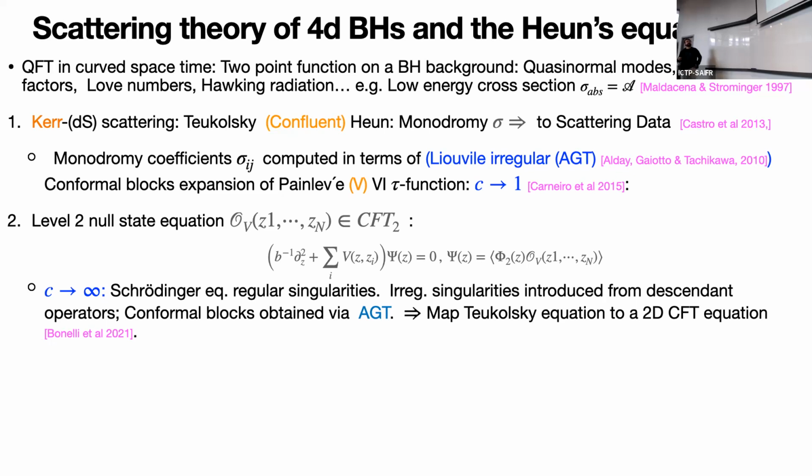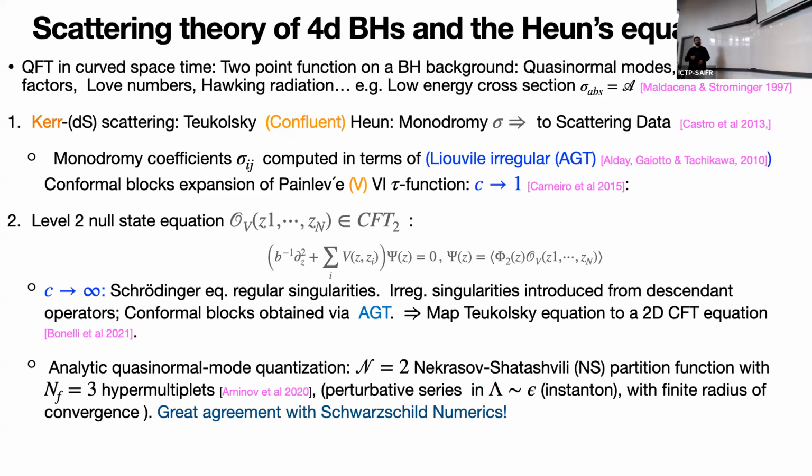You can introduce a regular singularity from descendant operators, and it turns out that you can recover the entire equation, which you can then map to the Teukolsky equation. So you can map the CFT parameters to the Teukolsky parameters.